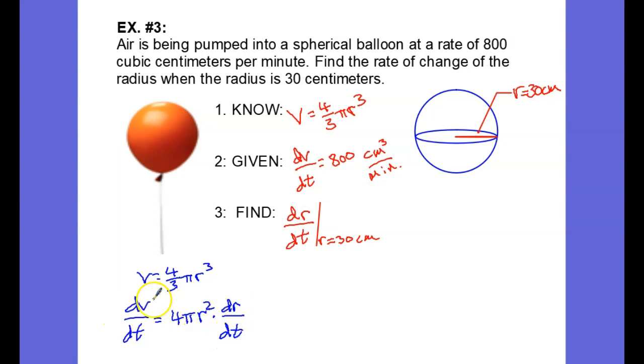So next, let's substitute what we know into our new equation. So remember that dV/dt is 800 cubic centimeters per minute, and that's going to be equal to 4 pi times the radius, which is 30 centimeters squared.